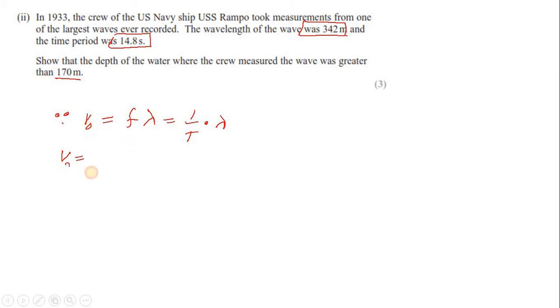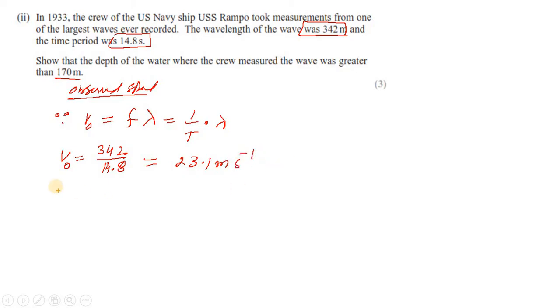So v naught is 1 upon T lambda. Lambda is 342 divided by T. T is 14.8. So v naught would be equal to 23.1 meter per second. This is the observed speed.